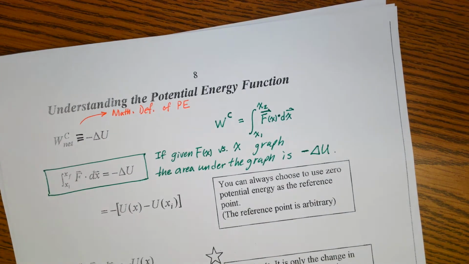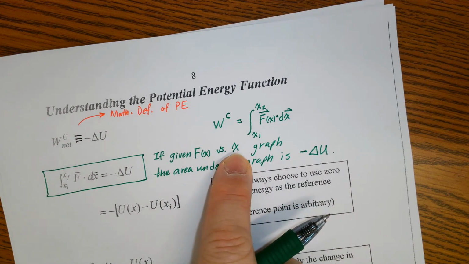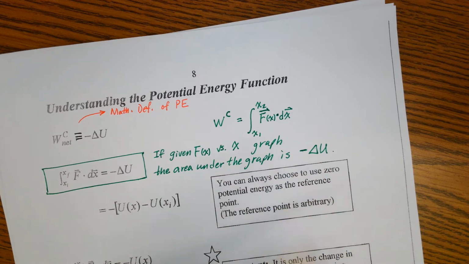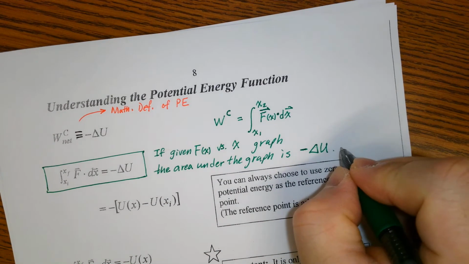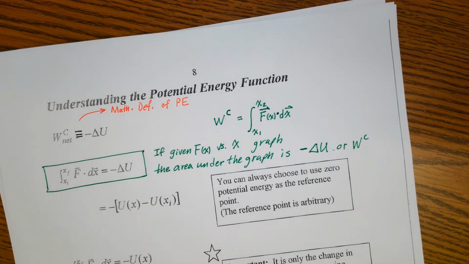Basically, the area of the F versus x graph gives you the negative change in potential energy, which we already know as work done, or work done by a conservative force.